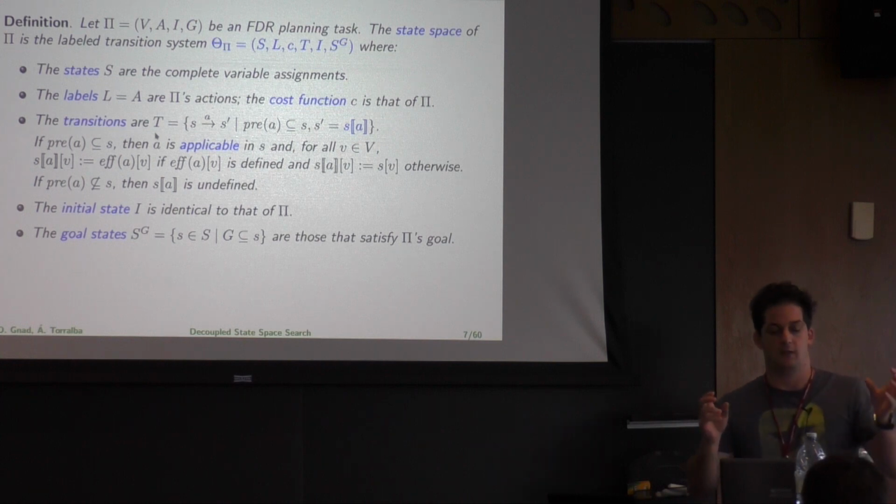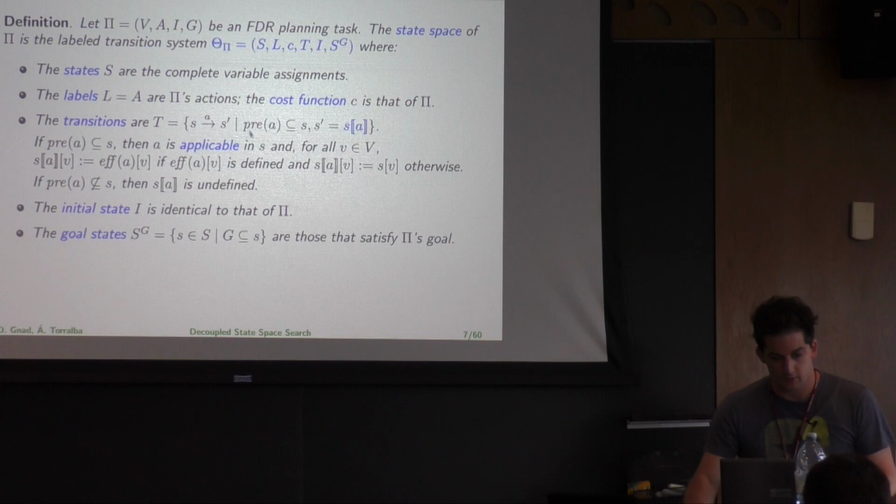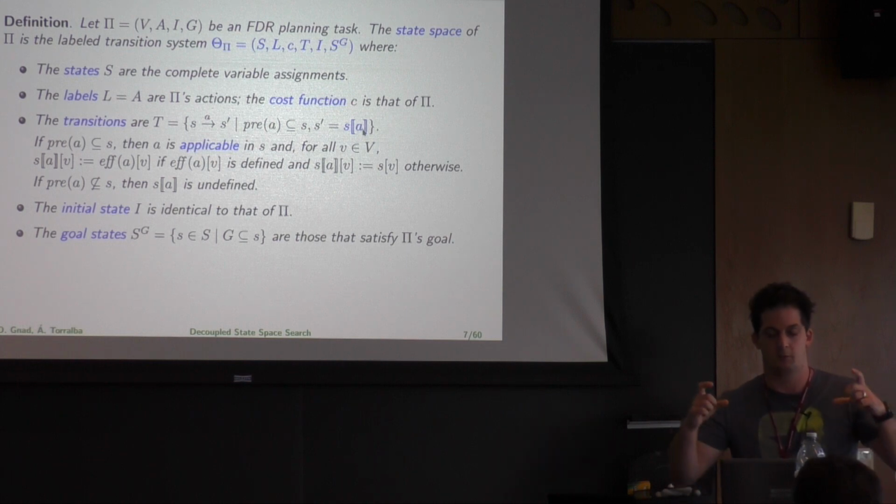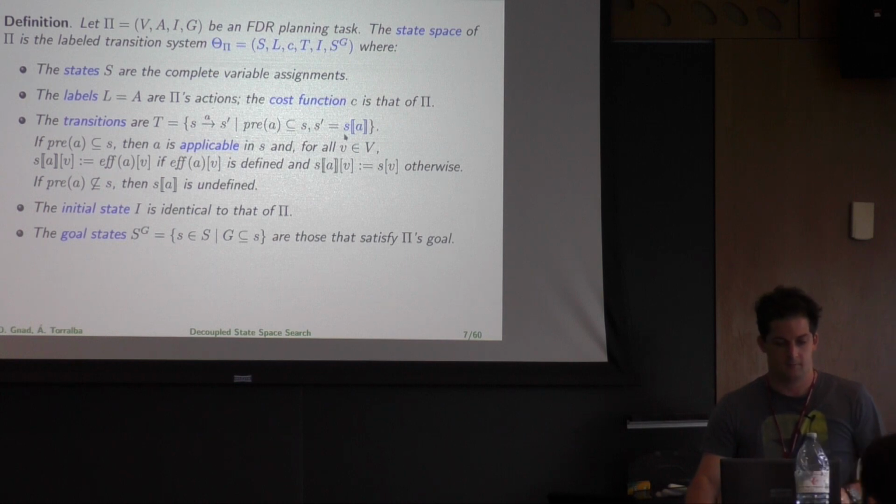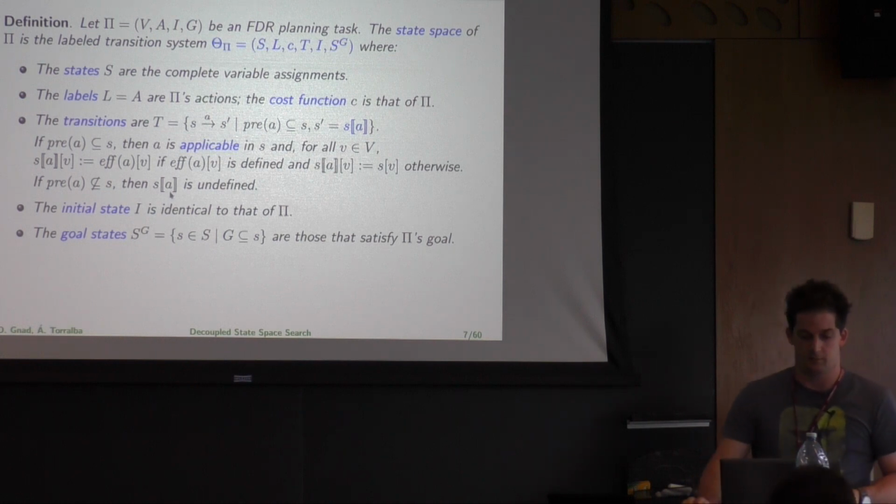We have a transition from state S to S prime whenever the precondition of the action is a subset of the state, so the precondition is fulfilled, and the successor state arises from applying the action A in these double brackets to the state S. So we say that the action is applicable if the precondition is a subset of a state. By applying the action, we change the value of all effect variables V here to their effect value. And the successor operation is not defined if the action is not applicable.